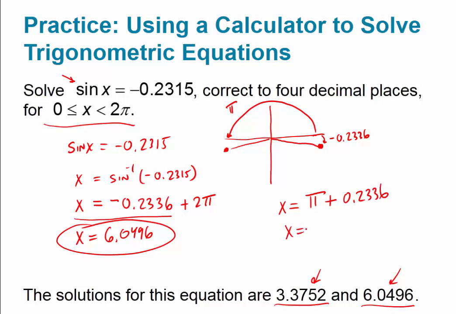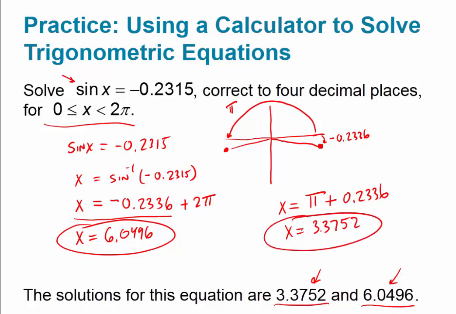Add those together and it will get me to that location. Again, I want to use my pi key here. That gives me this next angle of 3.3752 for my next solution.